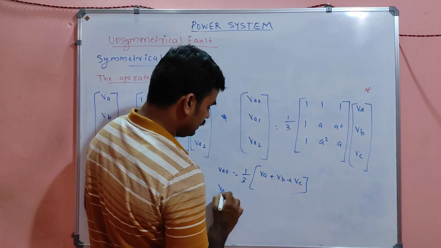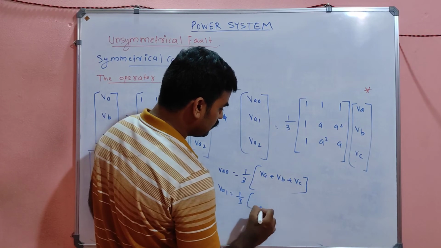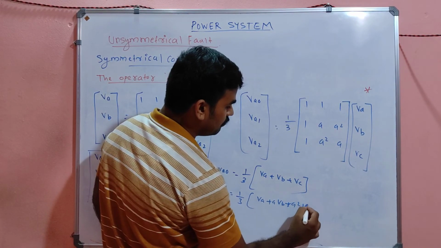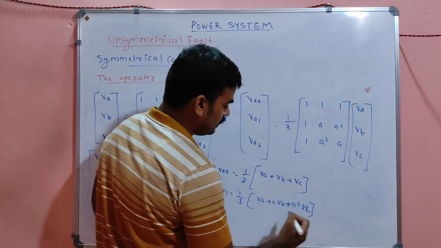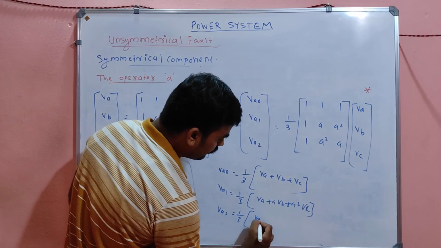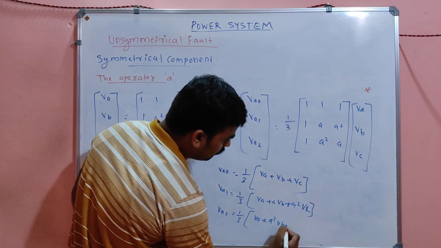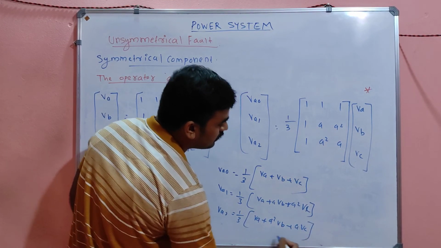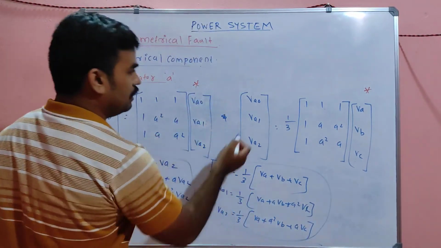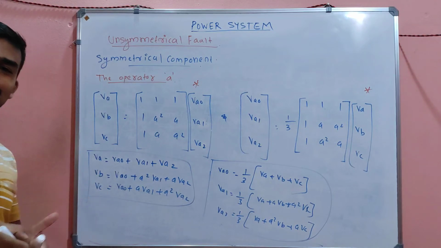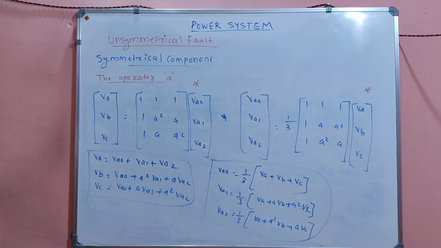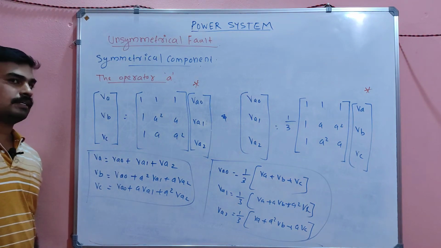Okay, and VA1 will be equal to 1 by 3 into VA plus A VB plus A square VC, and VA2 equal to 1 by 3 into VA plus A square VB plus A VC. So this also you have to keep in mind. If you know this, you can easily derive this relationship. No problem at all. Is it clear, my dear?